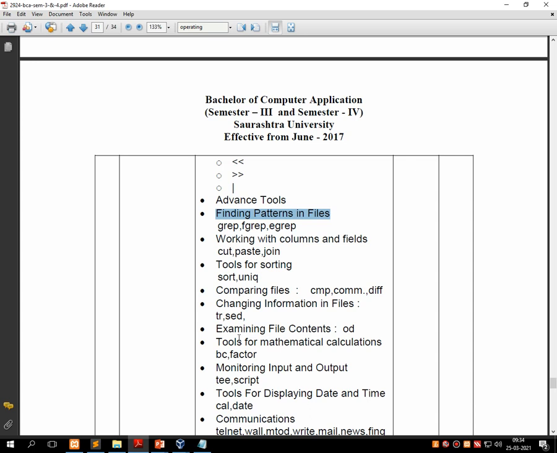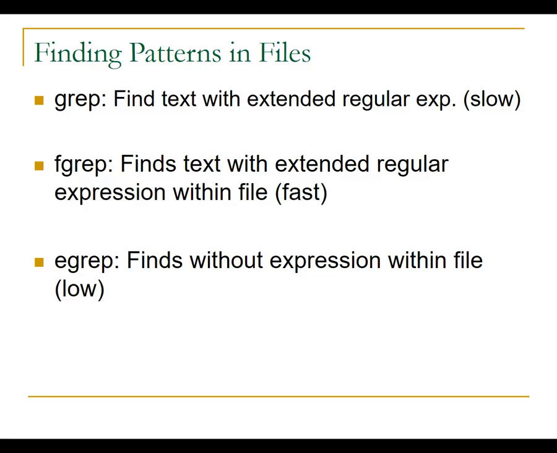These are Unix shell commands which will search for a specific portion of a value from the entire group of strings or a single string. Three commands are there: grep, fgrep and egrep. In today's session, we'll discuss grep only, and then we'll go for the others.